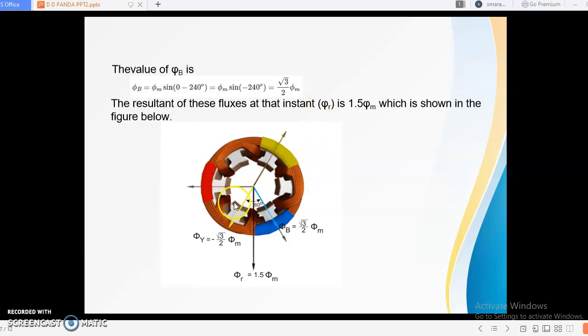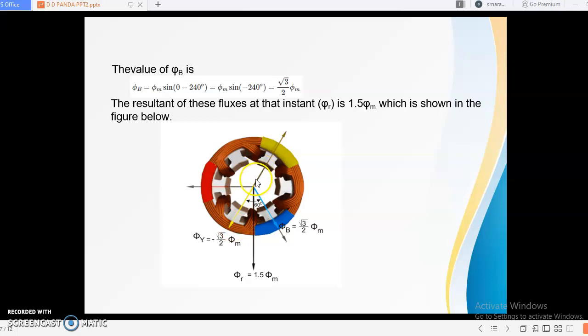So coming to the vector diagram, this is your phi b, root 3 by 2 phi m. Phi r is becoming 0, so we will neglect it. Here phi y's value is minus root 3 by 2 phi m, so we will take the negative reflection of phi y.